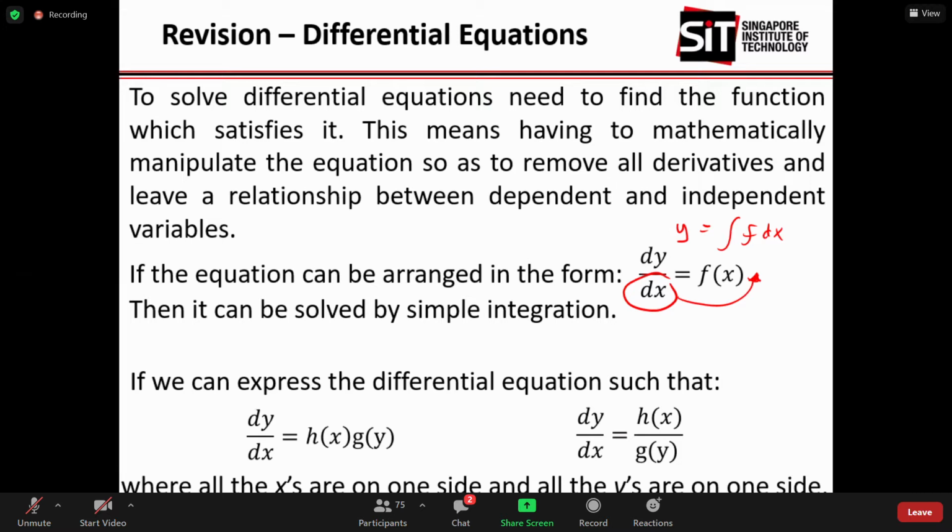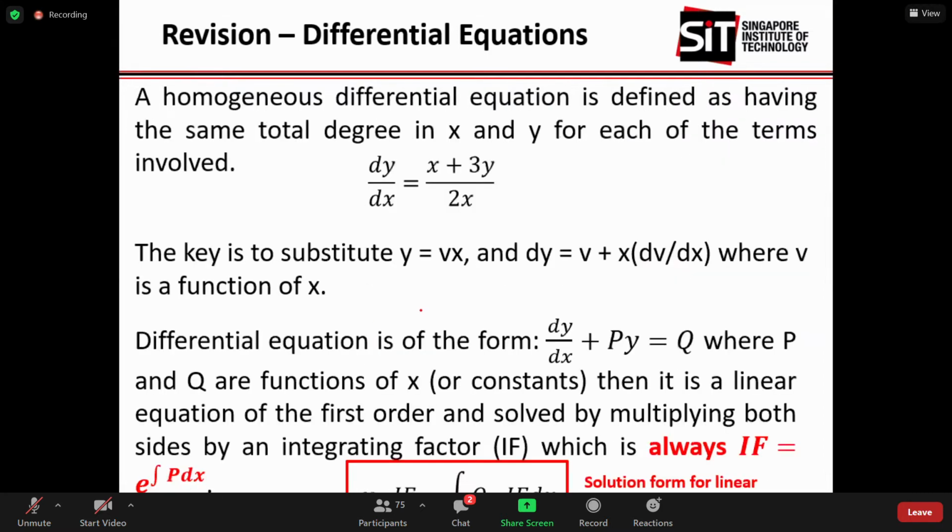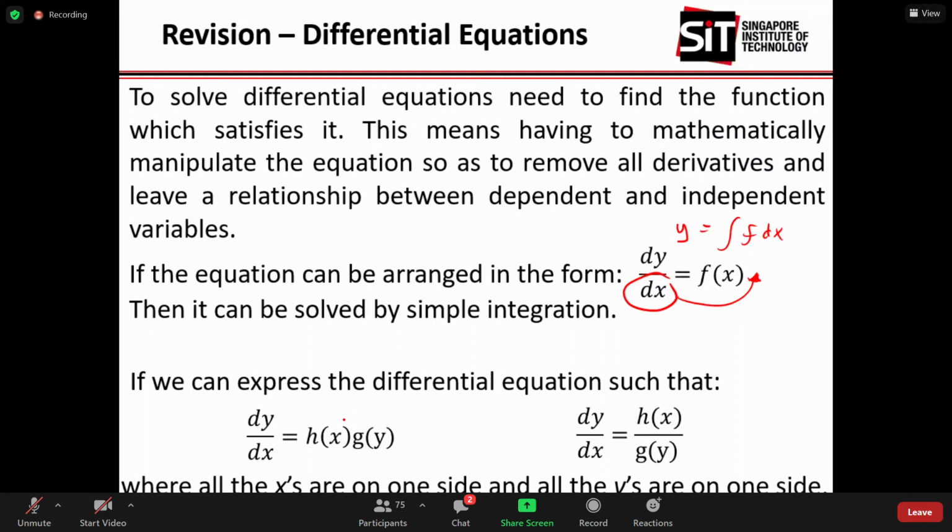Another type of differential equation is one that is known as being separable. That is, we can separate the differential equation so that we have all the terms in x and all the terms in y separate from each other.